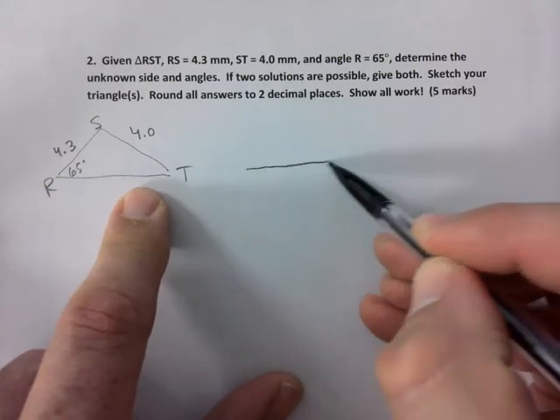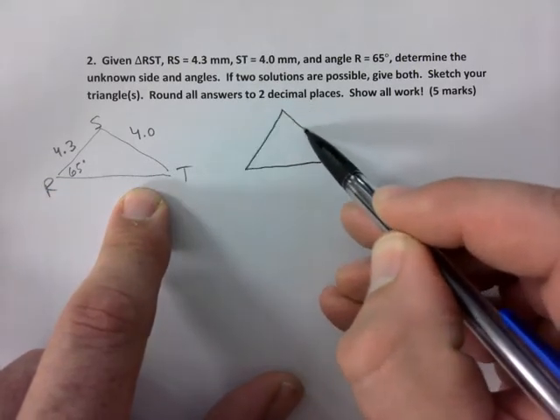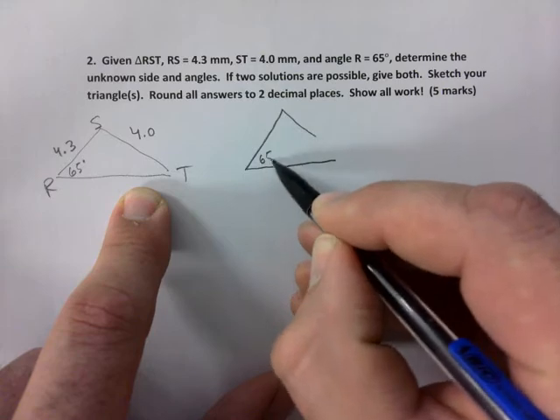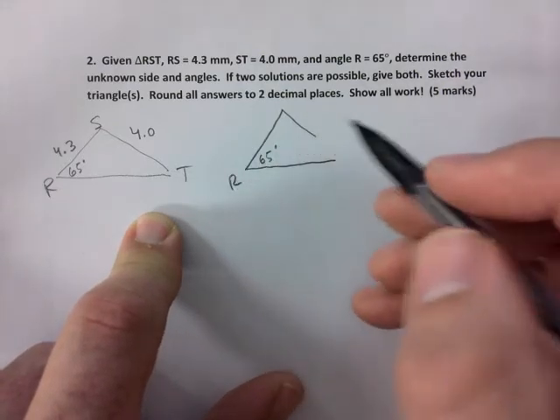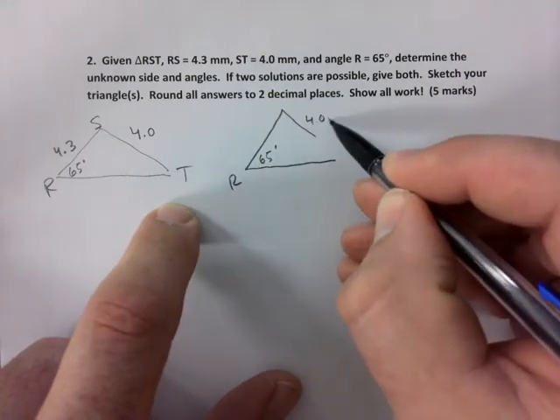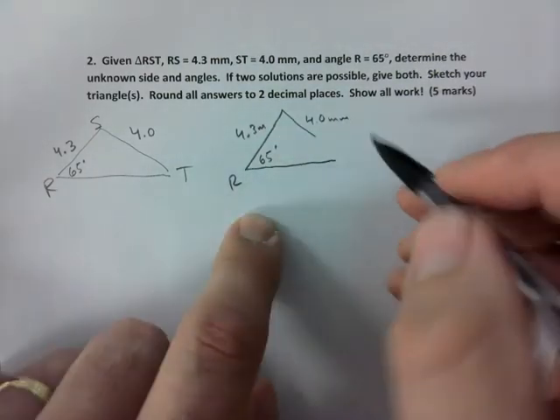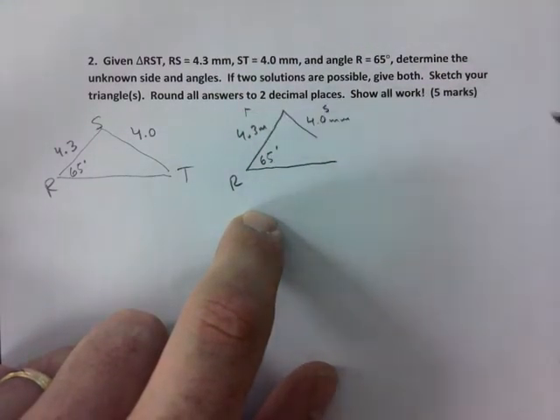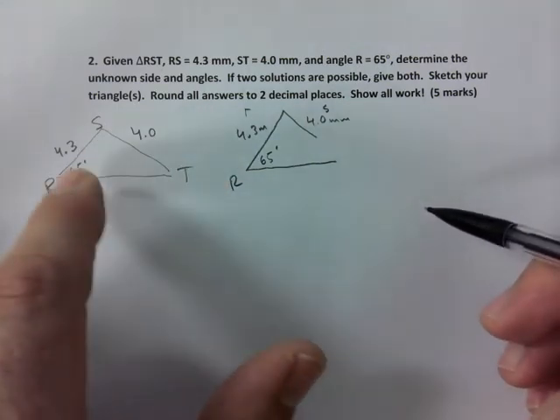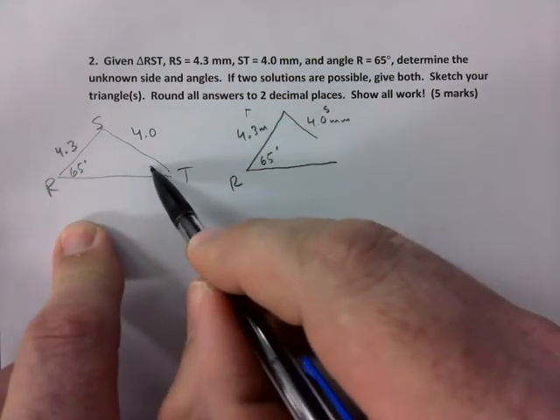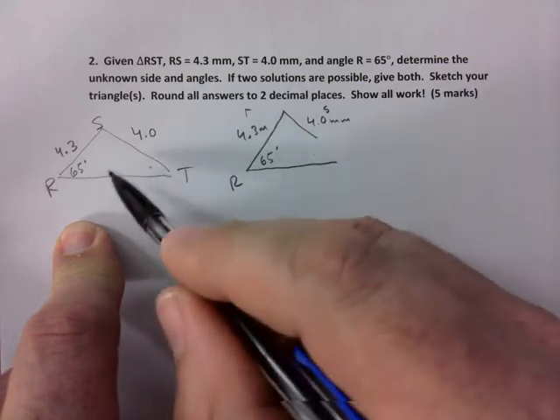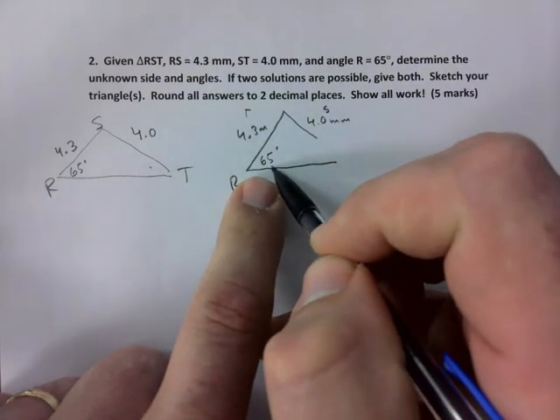I'm just going to now say, hey, this is an SSA case. This is 65. This is R, and we have 4.0 millimeters here. This is 4.3 millimeters. I have my rod and the string, right? So let's say the 65 would have been here on the initial, you make it come over here, right?